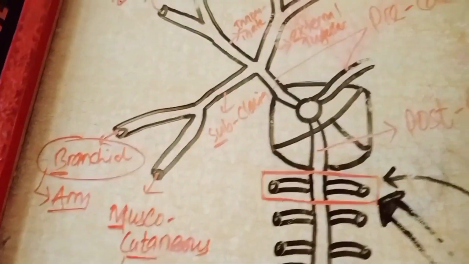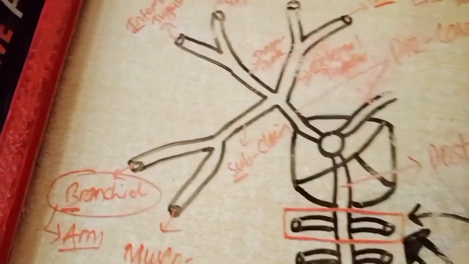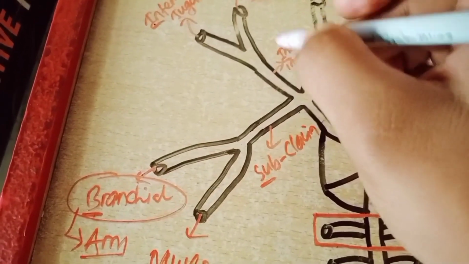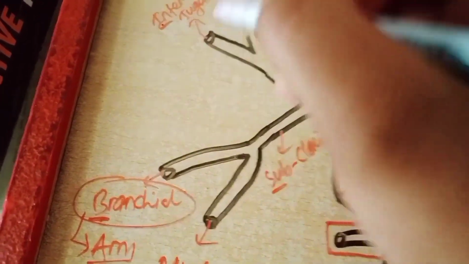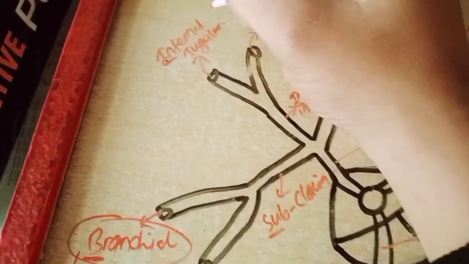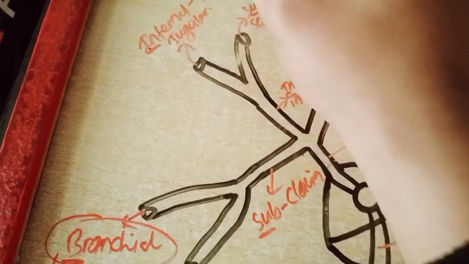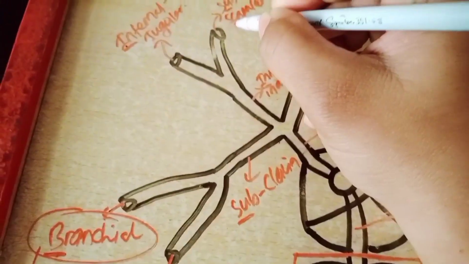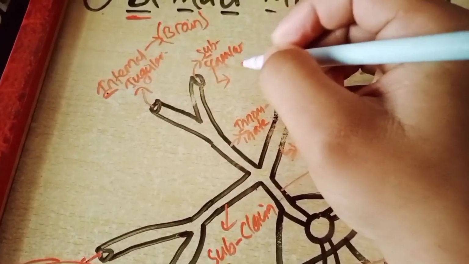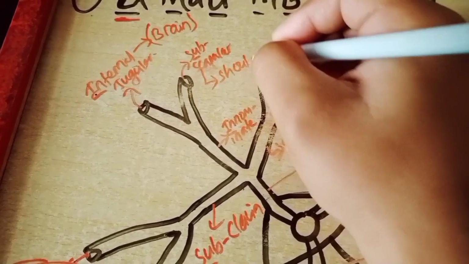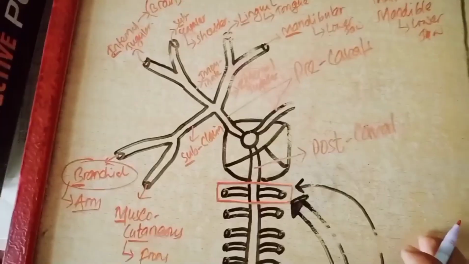Now innominate has subscapular and internal jugular. Internal jugular collects blood from the brain, and subscapular collects blood from the shoulder. So this is the function of the venous system of frog.